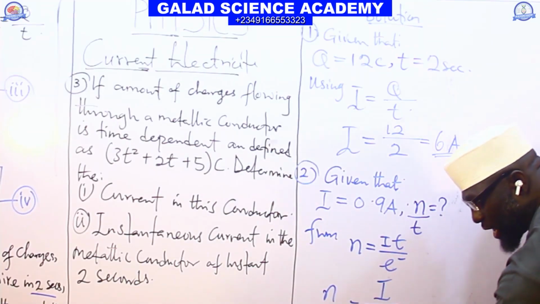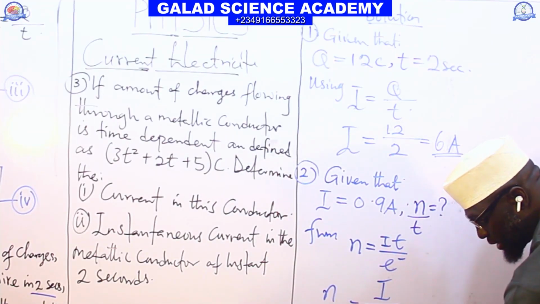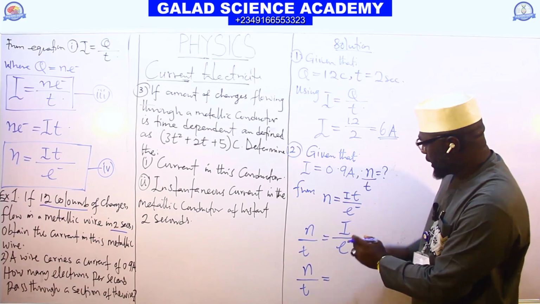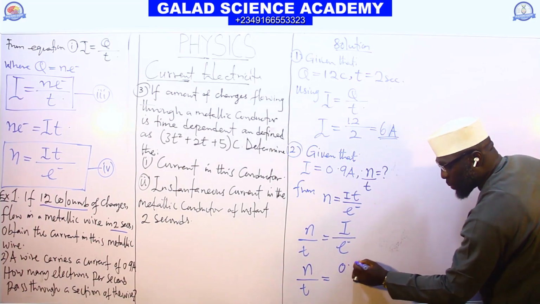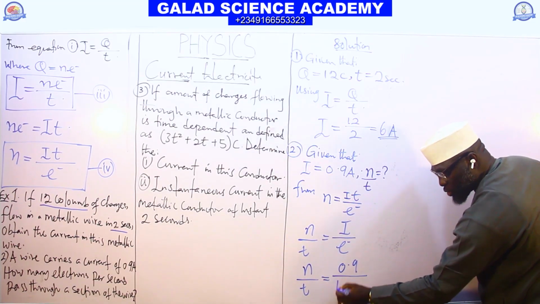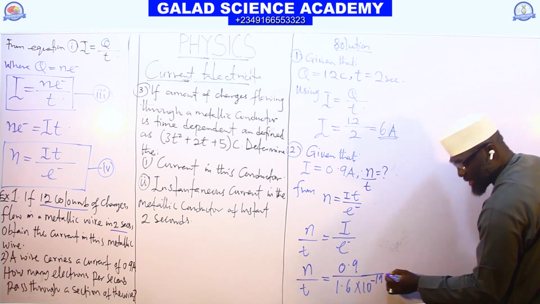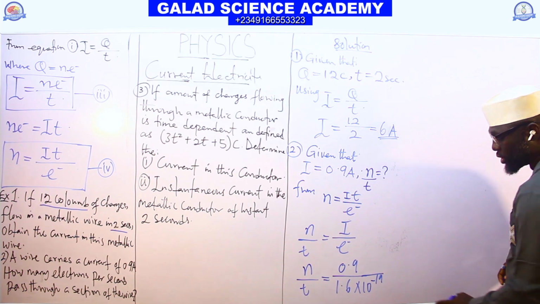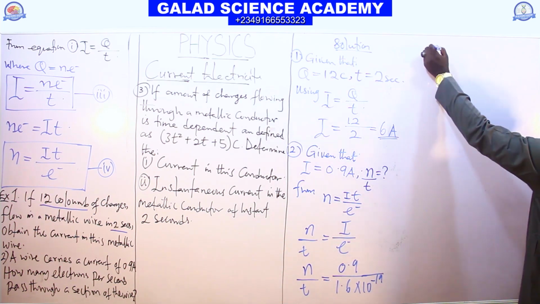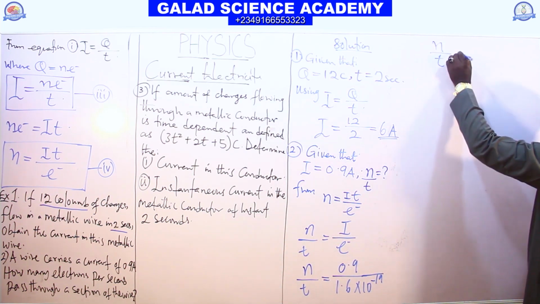So here now, we now have N over T. The current given is 0.9. The charge of electron is 1.6 times 10 raised to the power minus 19. By pressing the calculator, you will now have the number of electrons per second.